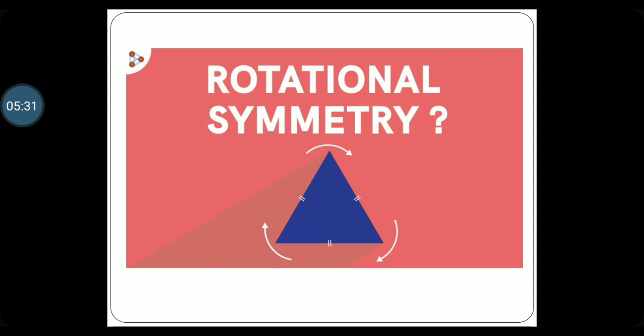We need to look at the shapes, and then you need to answer a couple of questions: which shapes have lines of symmetry and rotational symmetry, which shapes have line symmetry but not rotational symmetry, which shapes have rotational symmetry but not line symmetry, and number 4, which shapes have neither. This is a simple, easy activity where you're just going to write A, B, C, D until H in the correct number. Then the last thing you have to do is the revision test on page 95.